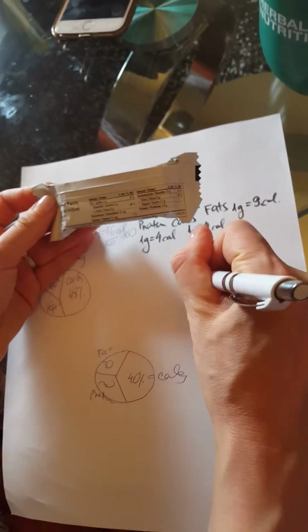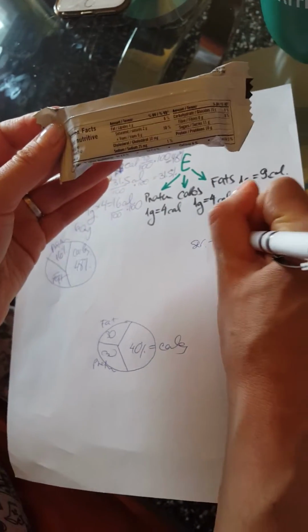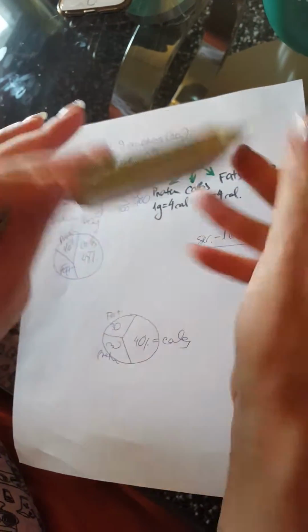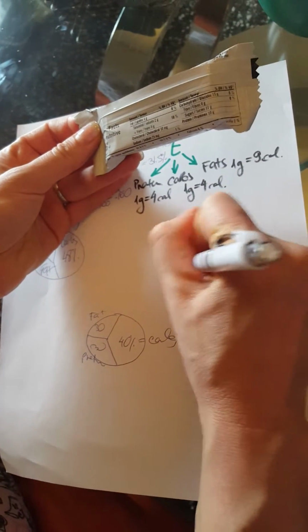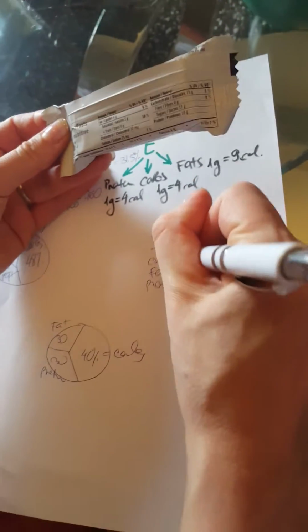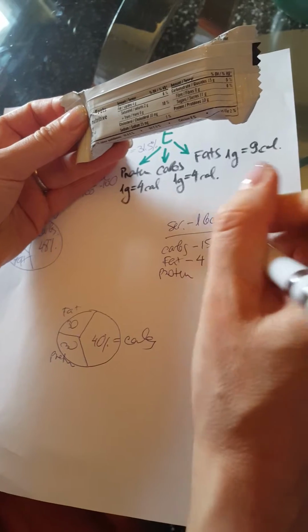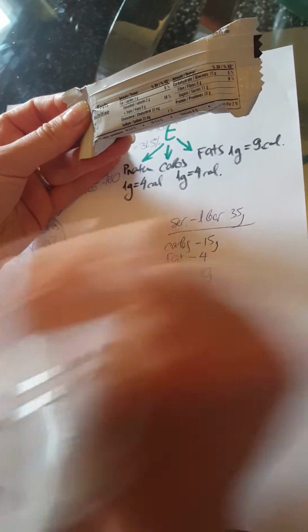So let's write it down. So we're looking at the serving size, number 1. We know that serving size per one bar is 35 grams. This is one bar you're going to eat. And the carbs, fats, and proteins we pay attention to. So we know that 15 grams is carbs, we know that 4 grams is fat, and we know 10 grams is protein.